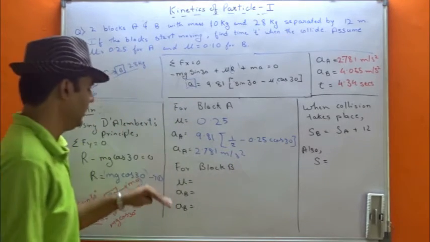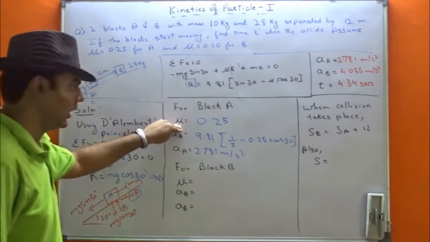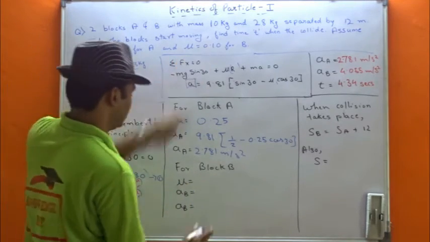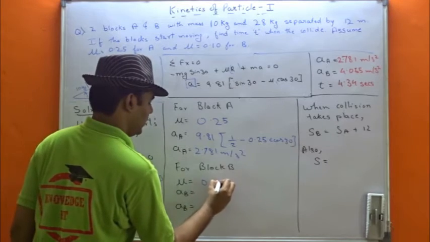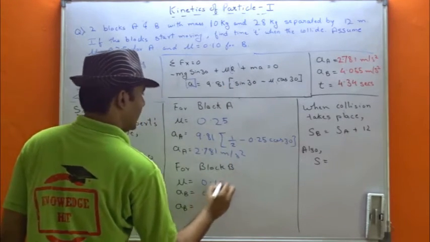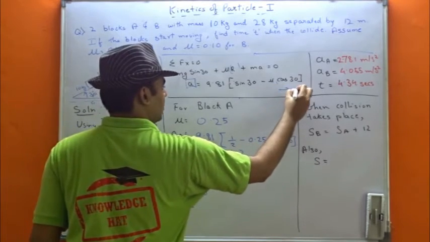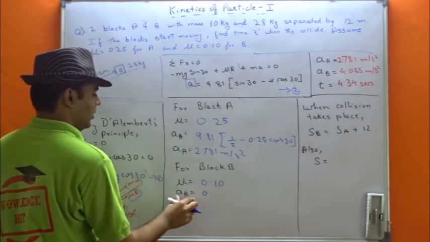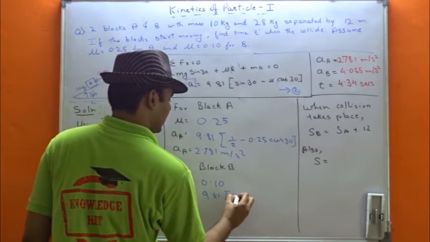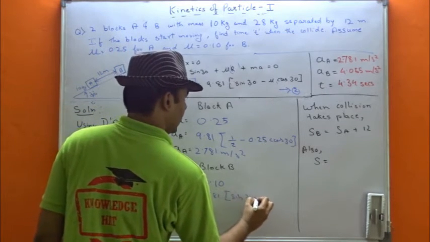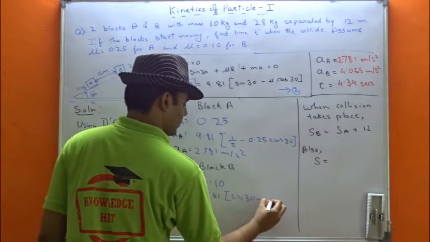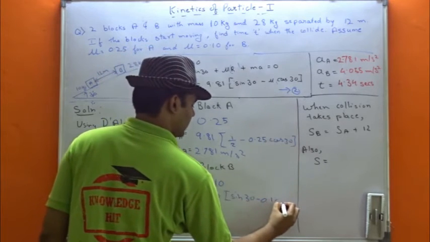Now for block B, similarly, the value of coefficient of friction is given to us, which is 0.10. So again, using the same formula, which is equation number 2: 9.81, again sin 30 minus mu, here 0.1, times cos 30.